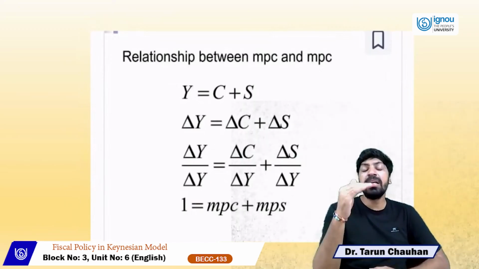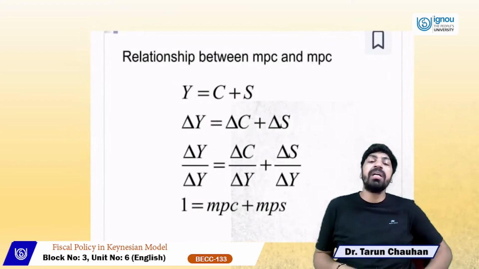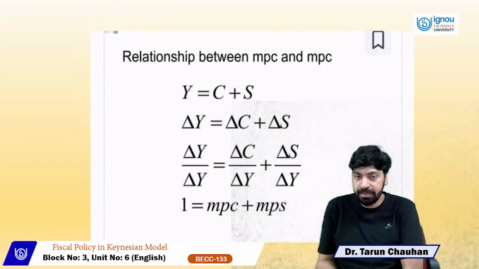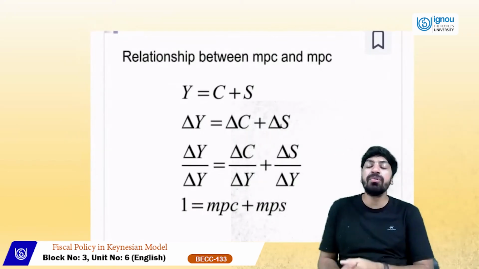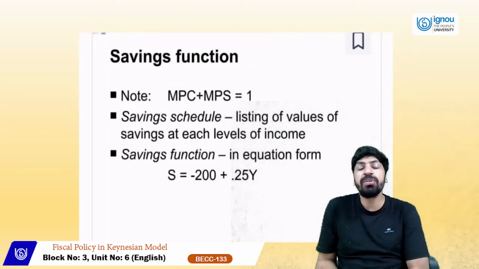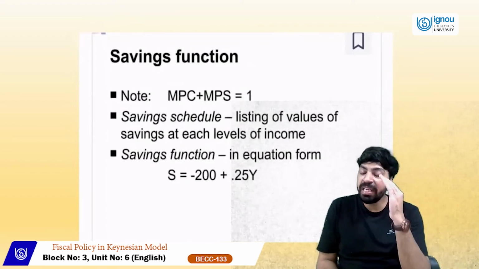That means the ultimate outcome of the relationship between these two concepts is 1 equals MPC plus MPS. See, it's written: note, MPC plus MPS is equal to 1.